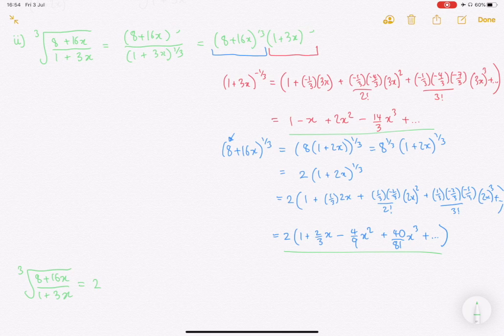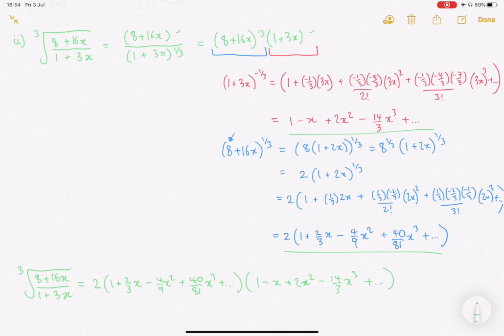So 2 lots of 1 plus 2 thirds of x minus 4 ninths of x squared plus 40 81sts of x cubed, and the higher order terms, multiplied by 1 subtract x plus 2x squared minus 14 over 3 x cubed plus higher order terms.